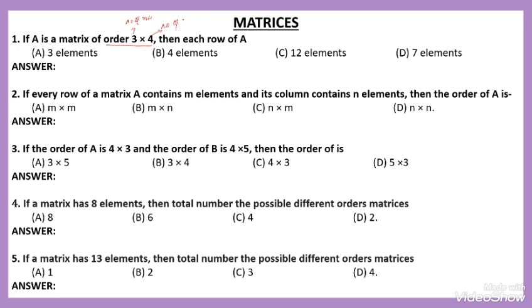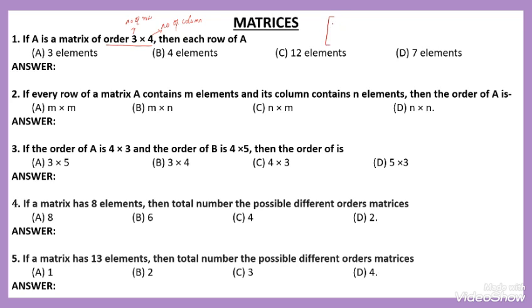Mainly the order of a matrix denotes the number of rows cross number of columns. Here order 3 means there are 3 rows. Then each row of A contains 4 elements because 4 columns are present.